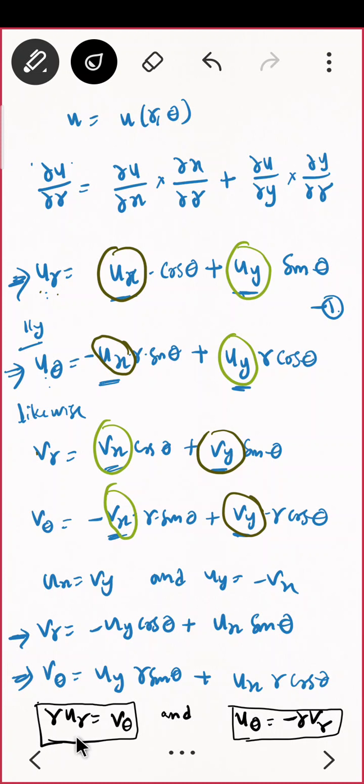Either you can remember Ur equal to 1 upon r V theta, and U theta is minus r Vr, whatever you feel. Okay, so this is your CR equation in polar form. Shall I go ahead?